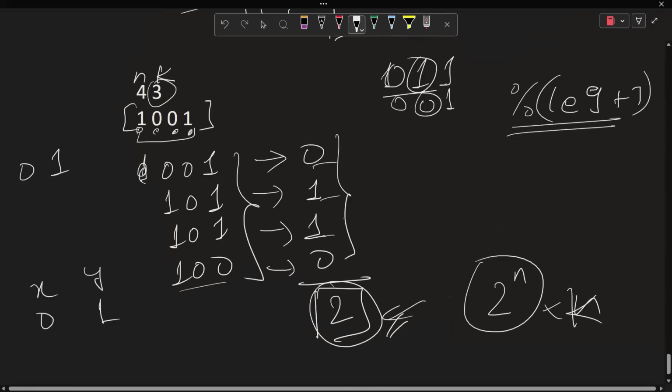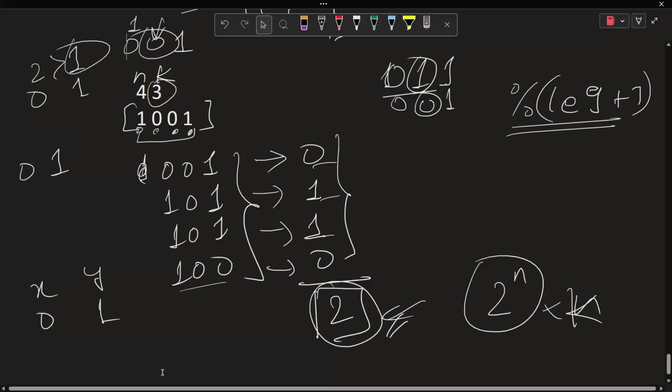For this array, 0, 0, 1, it had two zeros and one 1. That's how you can represent this. If the array has more zeros than ones, its median would be 0. If the array has more ones than zeros, its median would be 1.